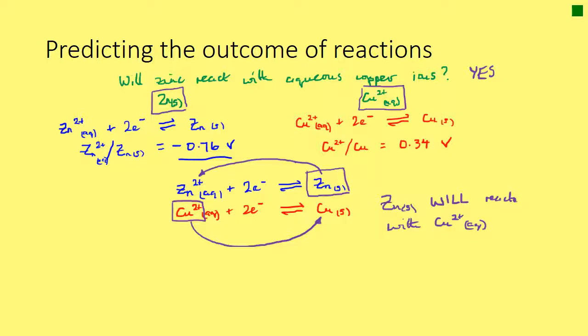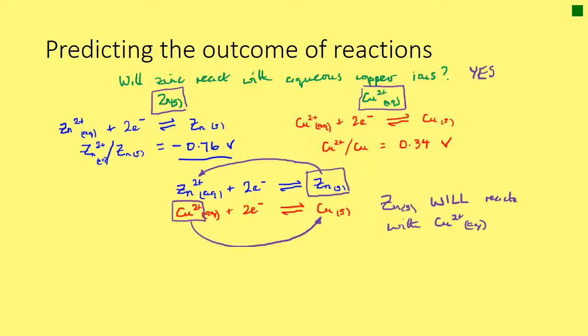So we have zinc 2 plus aqueous plus 2 electrons in equilibrium with the zinc solid. And the other one is going to go on the bottom. So we've got copper 2 plus accepting 2 electrons in equilibrium with copper solid. So that's that step.